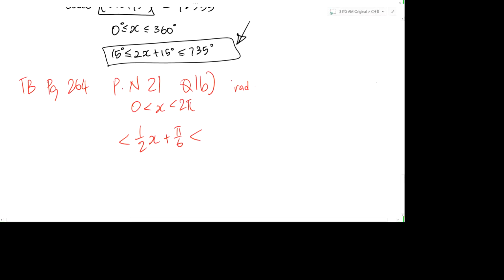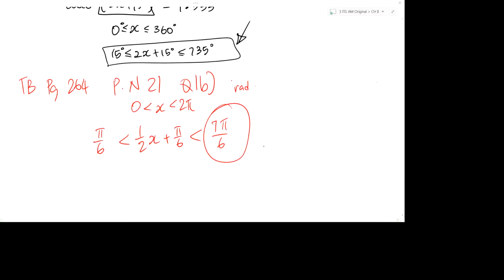Pi over 6, okay? What is the largest value of half x plus pi over 6? How much? Seven pi over 6. Do you all agree? Any issues with this?